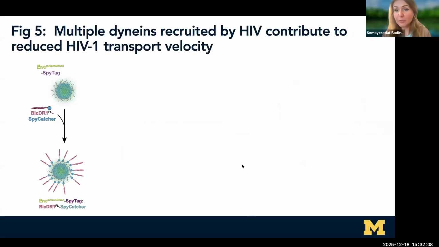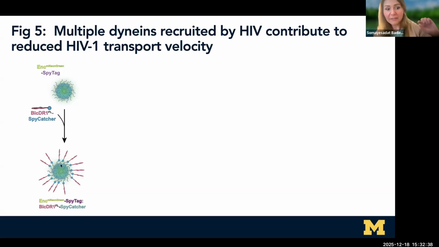Also, I showed you that HIV-1 is way slower compared to a single molecule of dynein. So I used the same system, but here the BICDR1 attached to the encapsulin is not fluorescently labeled. I use it as a system that can move on the microtubule because BICDR1 can interact with dynein and dynactin.